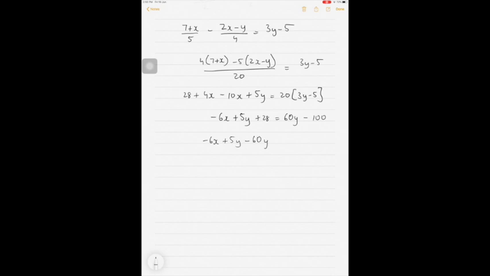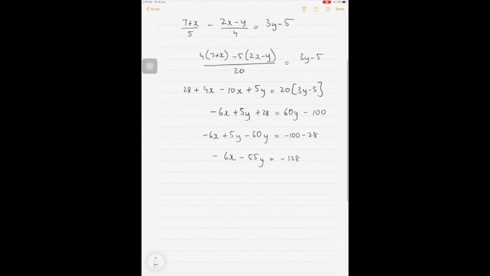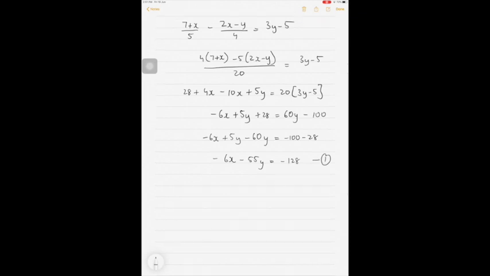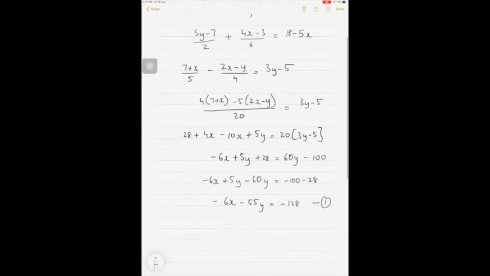So minus 6x plus 5y minus 60y is equal to minus 100 minus 28, which will make it 6x minus 55y is equal to 128. Okay, so this is my first equation. Now the second equation.